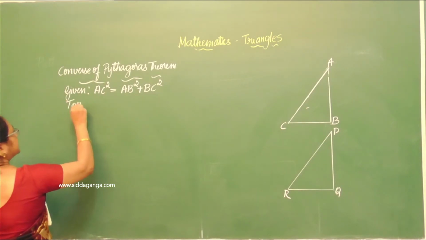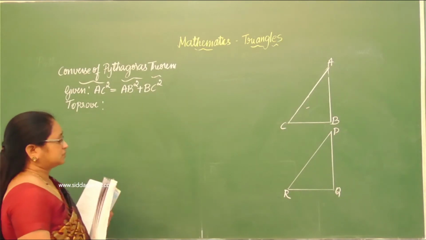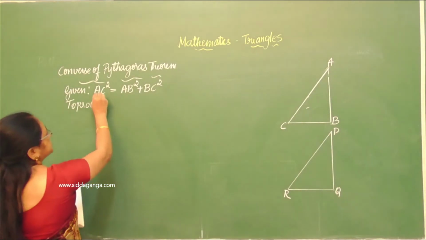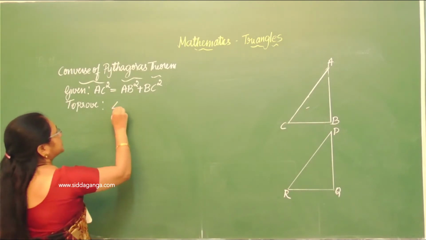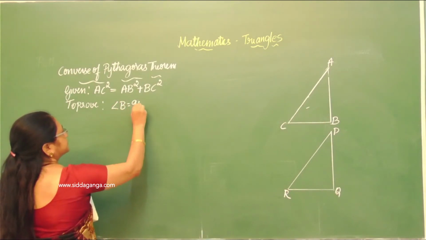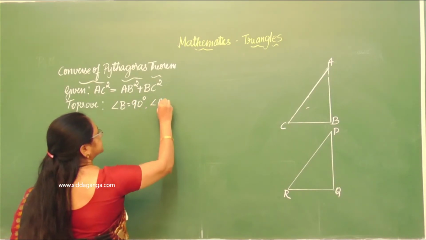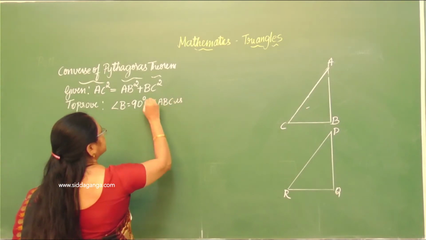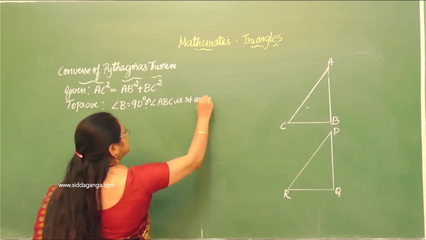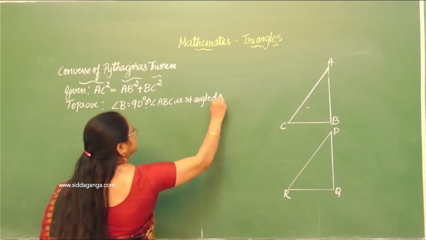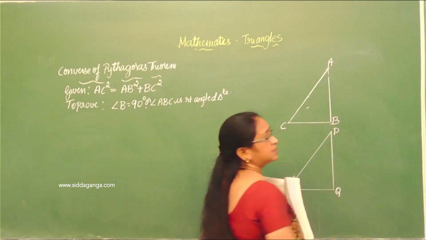You have to prove that the angle opposite to this side, that is this angle B, is equal to 90 degrees, or that triangle ABC is a right angled triangle. You have to prove that B is 90 degrees.